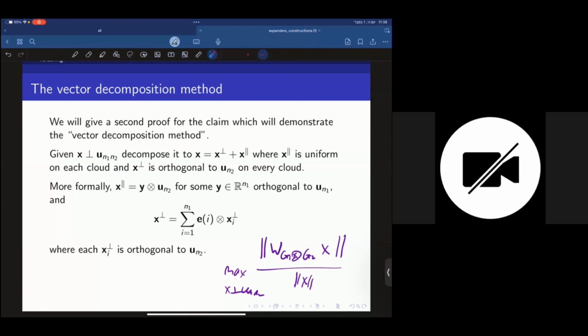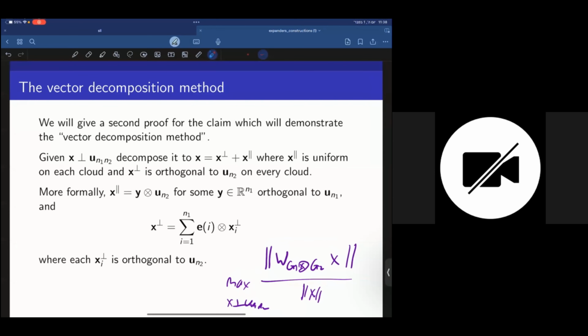And really what an expander does is it shrinks the bad part, because the graph W times a vector that's orthogonal to one is shrunk in size by omega. Maybe it's a bit premature, but you should think of X as a bad vector. And you want to prove that every bad vector, just on the account that it's orthogonal to U, is shrunk. That's the definition of an expander.